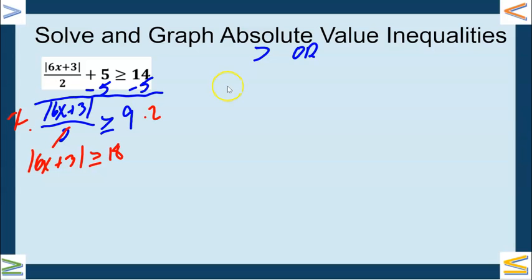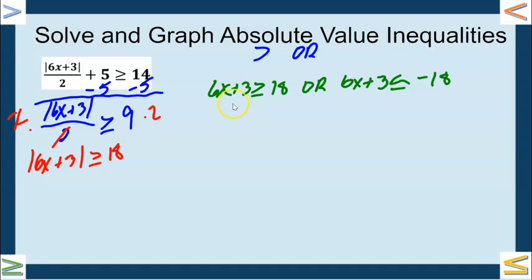Case 1 is going to be 6x plus 3 is greater than or equal to 18, or case 2 would be 6x plus 3 is less than or equal to, since I flipped the symbol, I changed the sign, so instead of a positive 18, it's a negative 18.